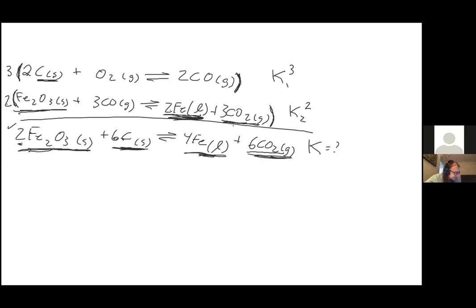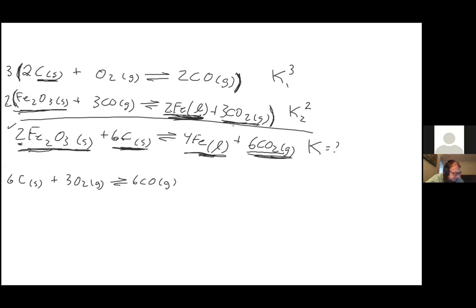So here's what I'm going to do. I'm going to take the K1 and K2, and I'm going to go ahead and rewrite them with those coefficients that look like they're going to work. So I'm multiplying the top one, K1, by 3.